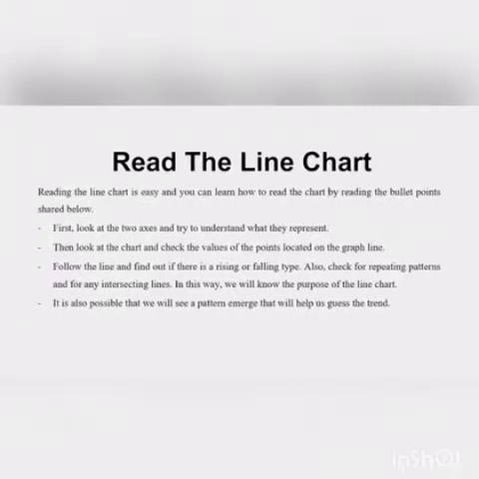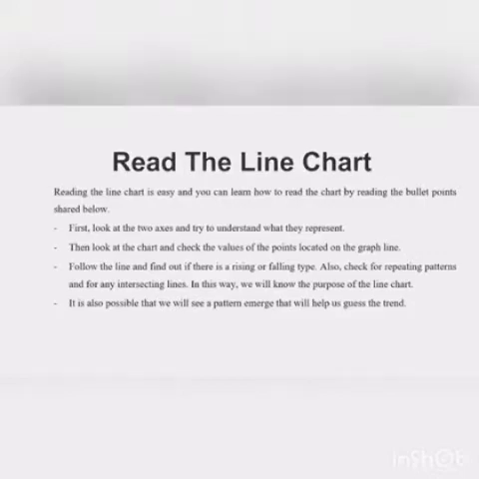Follow the line and find out if it is rising or falling. Also check for repeating patterns. In this way, we can interpret the line chart. It is also possible that we will see a pattern emerging that will help us in the trend.